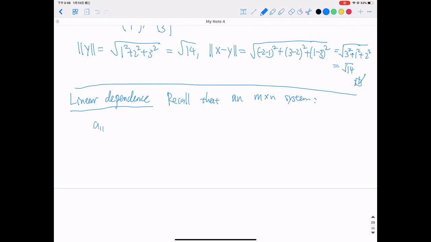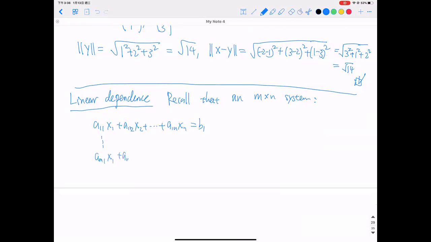The standard way was a11 x1, a12 x2, through a1n xn equals b1, down to am1 x1, am2 x2, through amn xn equals bm.